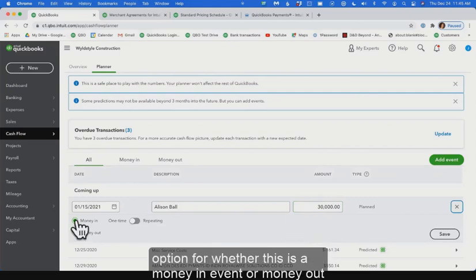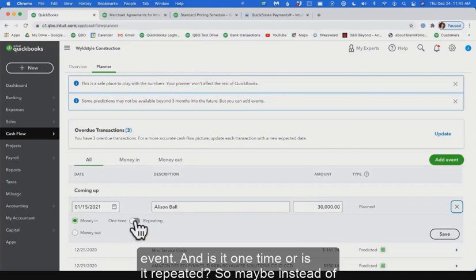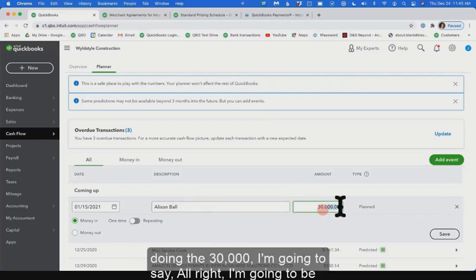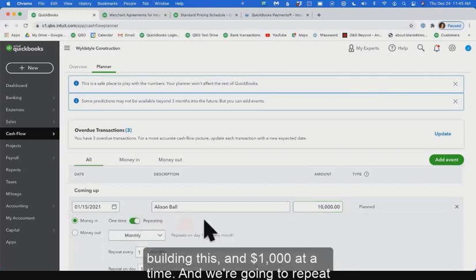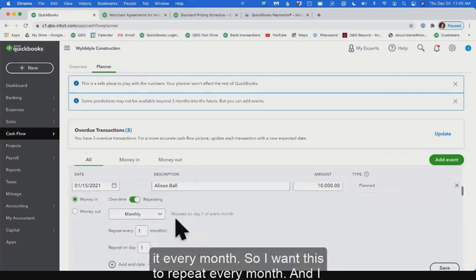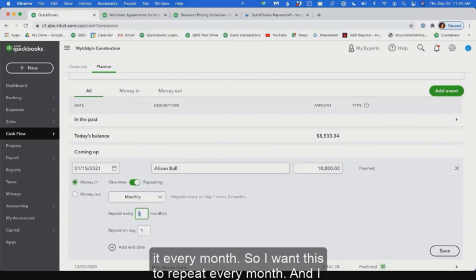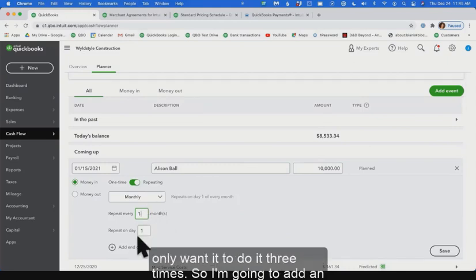And then there's an option for whether this is a money in event or a money out event. And is it one time or is it repeating? So maybe instead of doing the 30,000, I'm going to say, all right, I'm going to be billing this $10,000 at a time, and we're going to repeat it every month. I want this to repeat every month, and I only want it to do it 3 times.